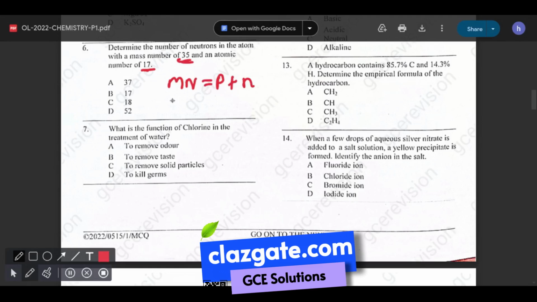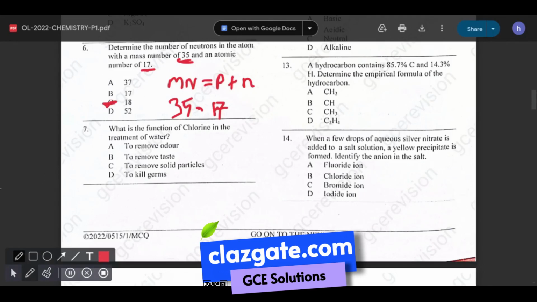Here the mass number is 35. Atomic number is the number of protons and this is 17. So to get the number of neutrons, we'll just do 35 minus 17, which by the calculator gives us 18. So the correct answer to question number 6 is C, 18.